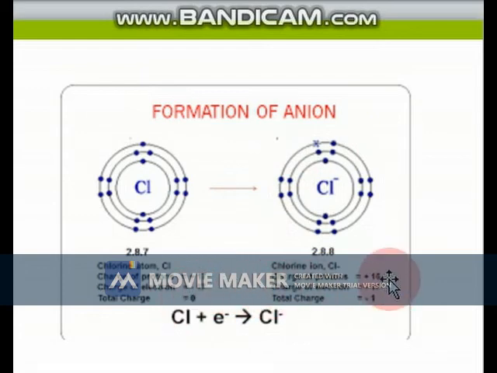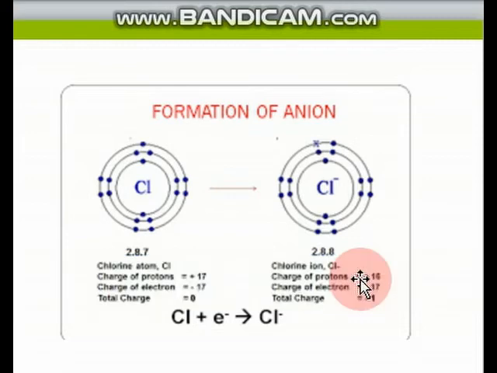But because we have borrowed from outside, the number of protons will still be 17, and the electrons should become 18, and when you add it up you have a charge of minus 1. So it makes chlorine have a charge of minus 1.